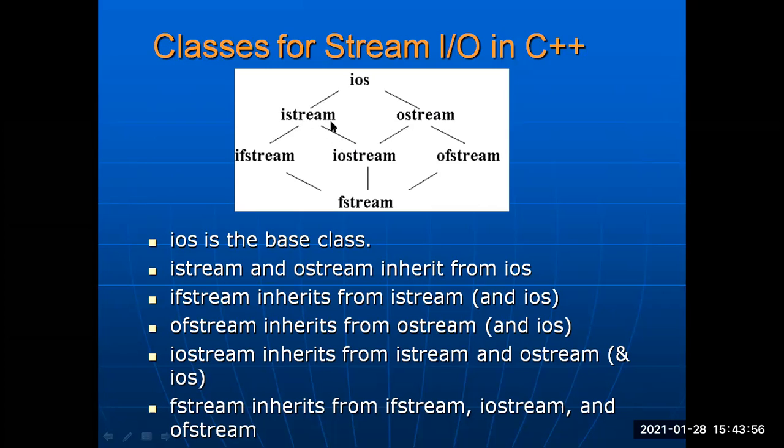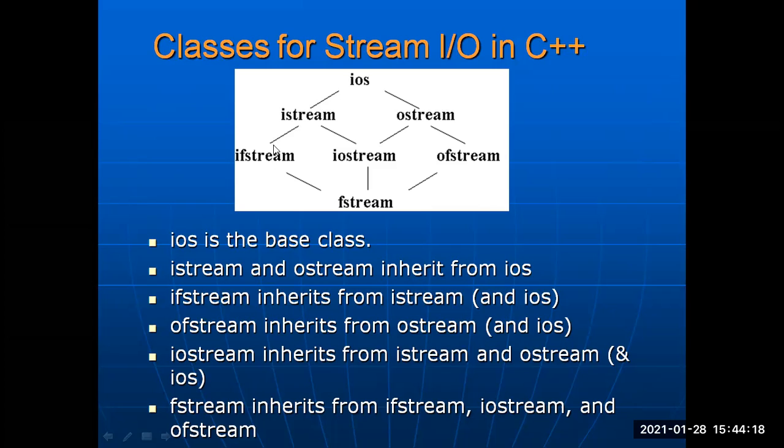So istream provides the input functionalities, ostream provides the output functionalities, and iostream provides the input output functionalities, right? So this iostream header includes the IO operations associated with input output devices.